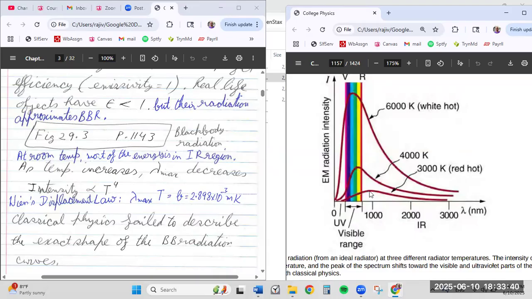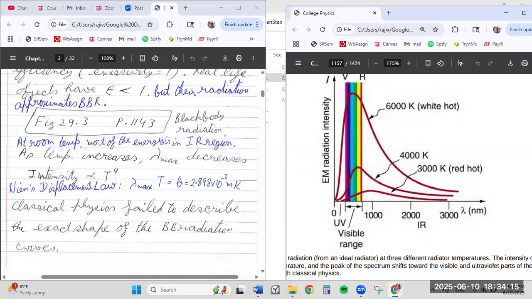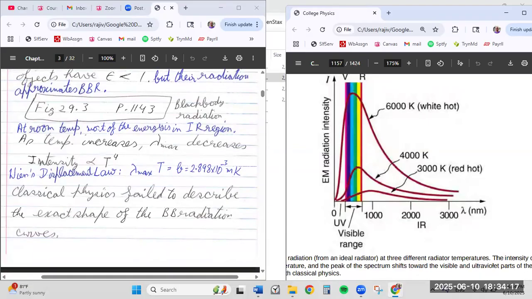The wavelength at which you have maximum intensity at 3000 Kelvin is somewhere around here, a little less than 1000 nanometer. And then if you increase that temperature to 4000 Kelvin, as you can see, lambda max is now smaller than that. And then at 6000 for white hot objects, it's even smaller. So as temperature increases, lambda max decreases.